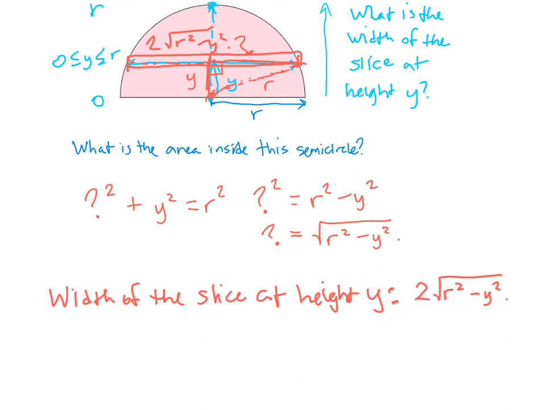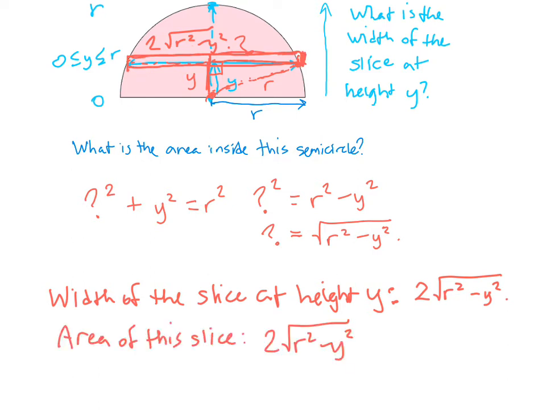Well, the area of this slice is going to be that width, 2 square root of r squared minus y squared, times the height of that rectangle there, because that slice is a rectangle having positive area. It's not just a line segment. It's actually a rectangle with a width, which we've just found, and a non-zero but very small height.